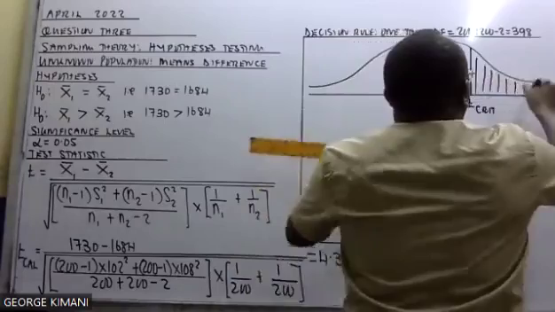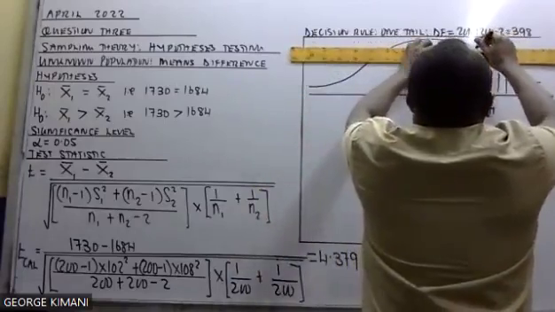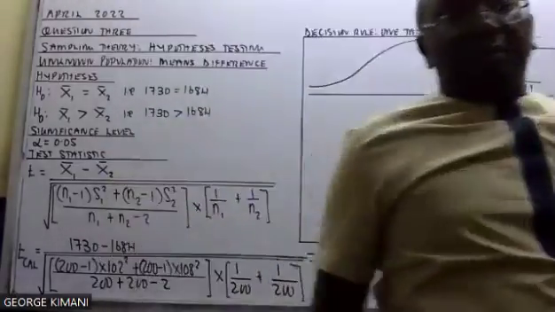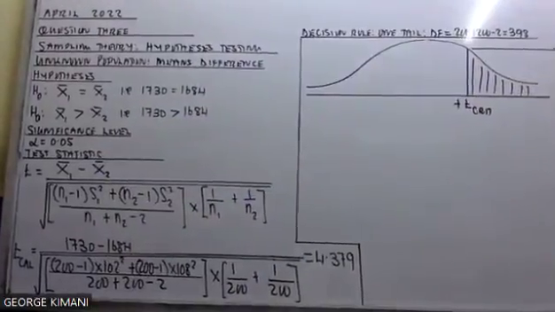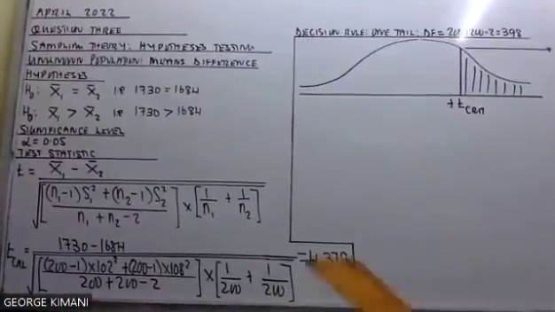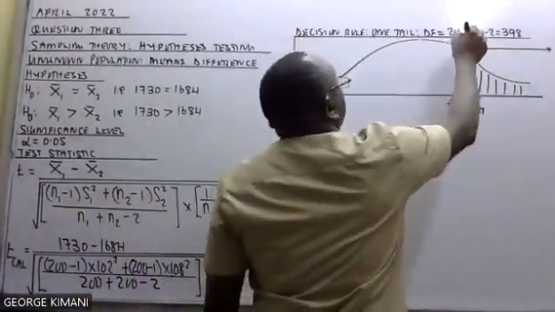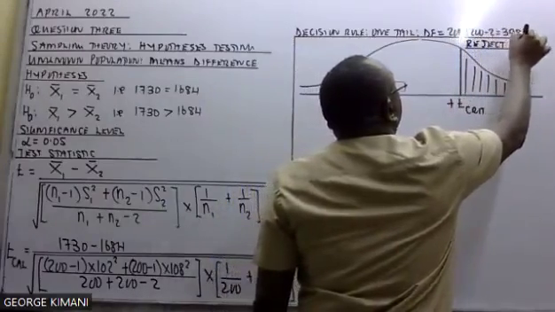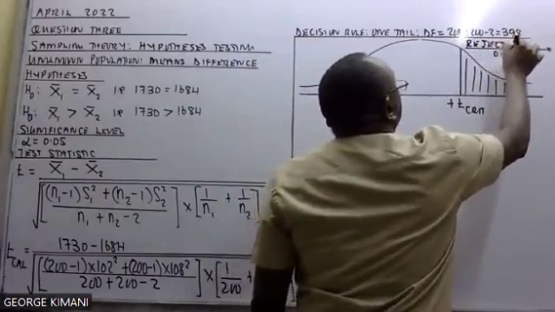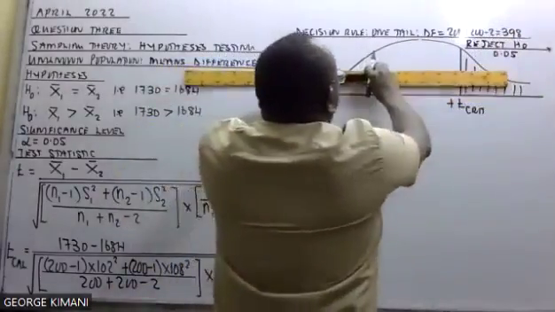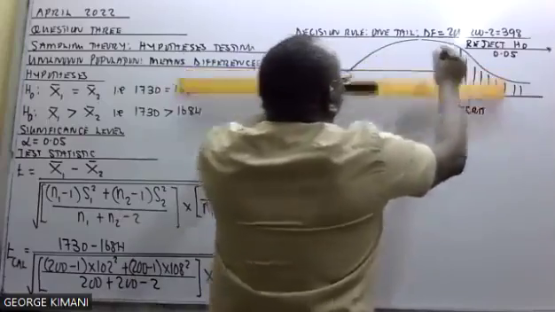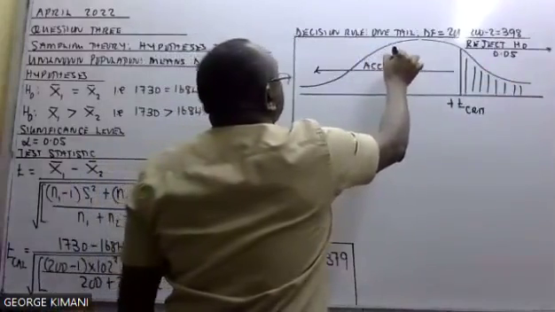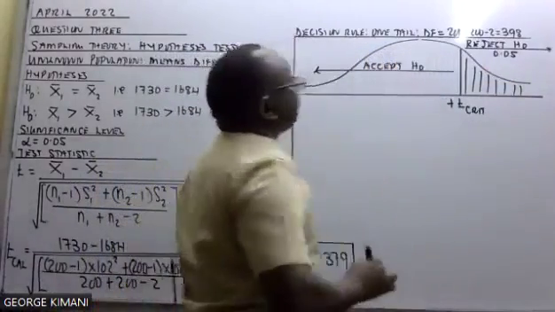And if I find myself up there, I will say it is reject null. And remember the percent is 0.05. But if I find myself anywhere here, I will advise we accept null hypothesis.